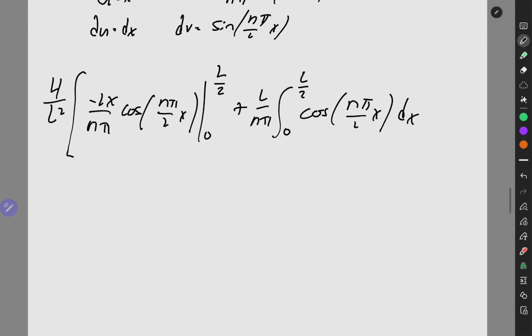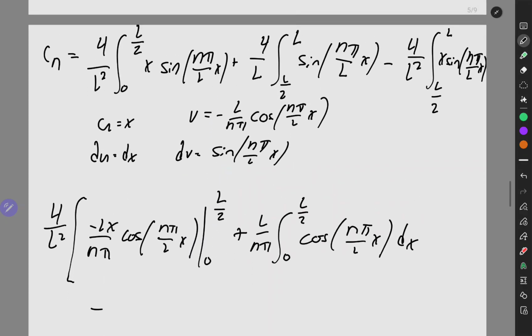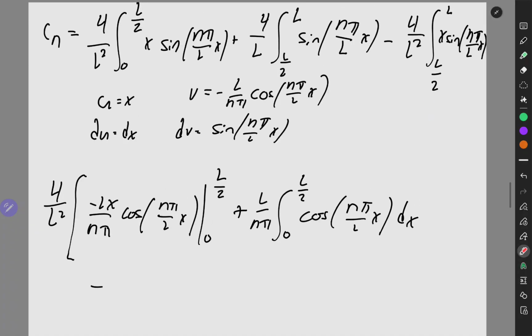It's going to be minus, and then we took out a 4 over L squared from the whole thing. You know what? I'm going to do some rearranging. I'm going to move this over to here and this over to here. So I'm going to do this next part first, to continue with the integration by parts.